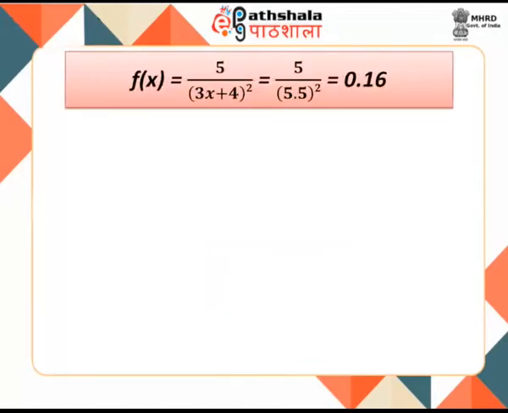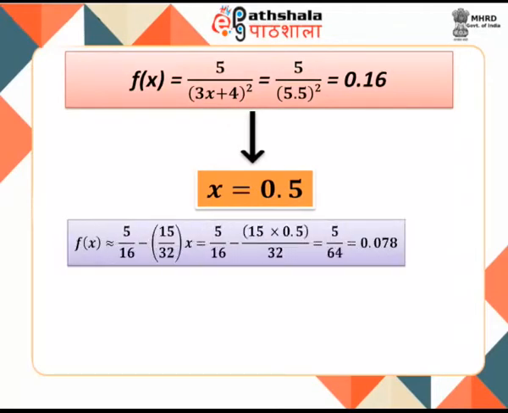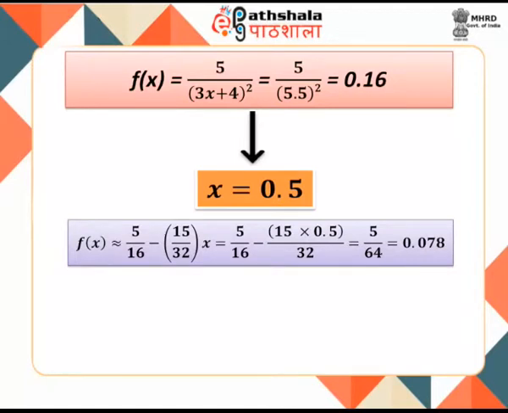Further, f of x equal to 5 by (3x plus 4) whole square equals 5 by (5.5) whole square, equal to 0.16 at x equal to 0.5. Its approximation equals 5 by 16 minus 15 into 0.5 by 32, equal to 5 by 64, equal to 0.078.